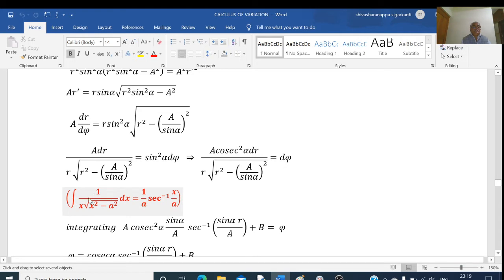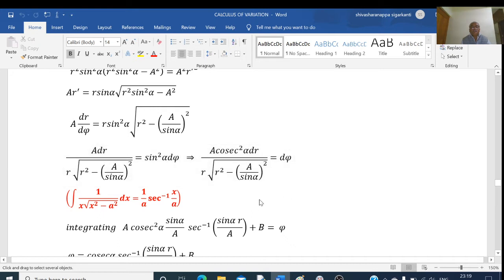Now we have the integration of 1 by x into root of x square minus a square dx is equal to 1 by a into secant inverse of x by a. This is in that form only, 1 by x into root of x square minus a square form.